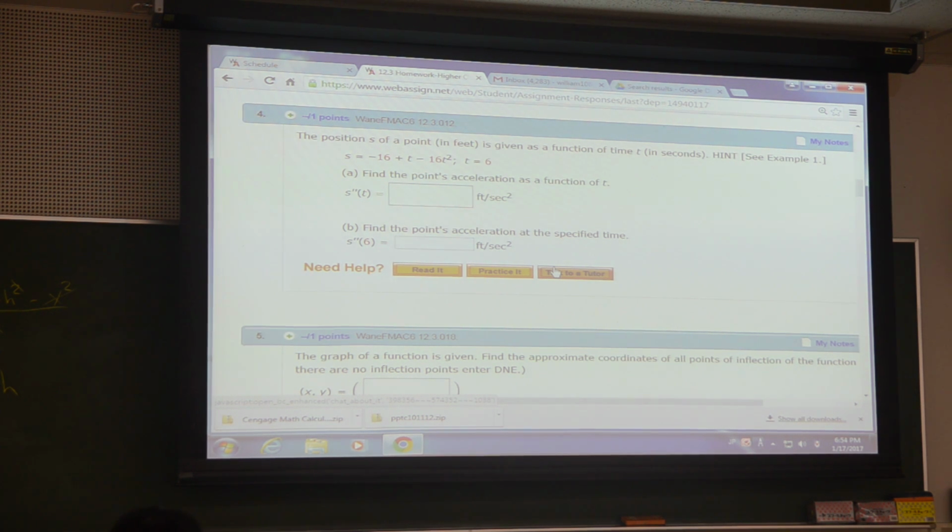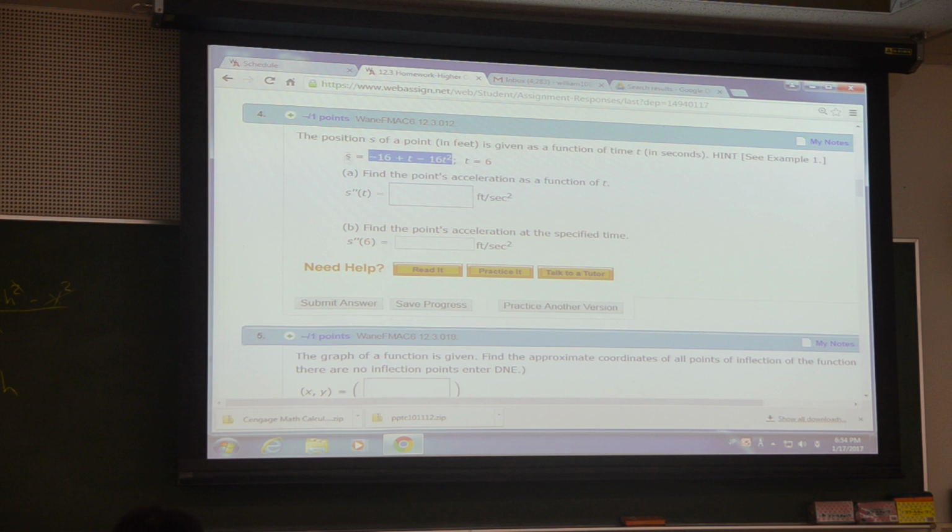And the position, S, or you might have a stone that's falling. Okay, and the S stands for how far it's fallen, the distance that it's fallen. And the distance that it's fallen depends on the time. And that's what this says, it depends on t. And in particular, it's exactly like, according to this formula, that it falls.